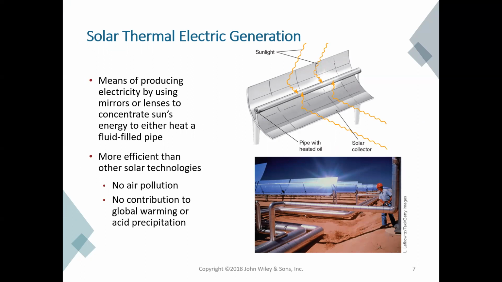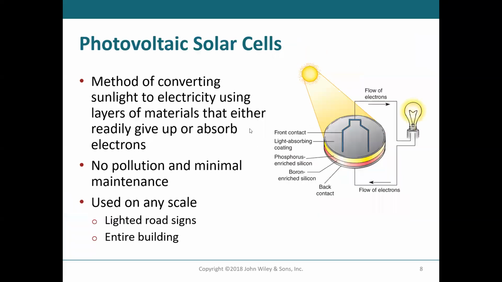You have a curved panel, right, that collects sun into that little pipe, which then heats up the water or oil, which then has energy to be moved, and then it produces electricity. It's more efficient than other solar technologies. It has no air pollution and no contribution to global warming or acid precipitation.